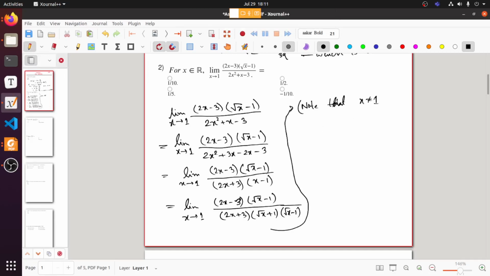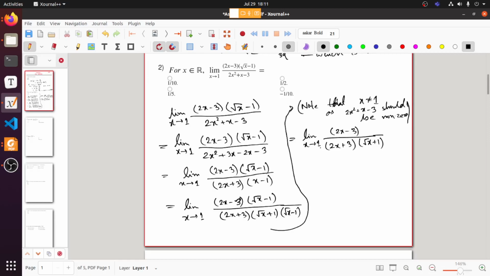If x equals 1, then the denominator will be 0, but 2x square plus x minus 3 should be non-zero. As x is not equal to 1, this is non-zero, so you can cancel out from the numerator and denominator. So the limit as x tends to 1 will be 2x minus 3 by 2x plus 3 into square root of x plus 1.